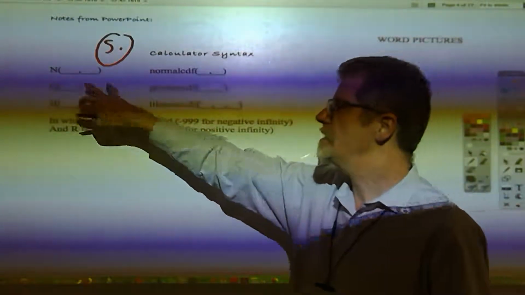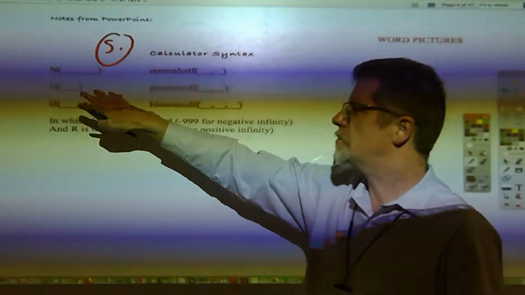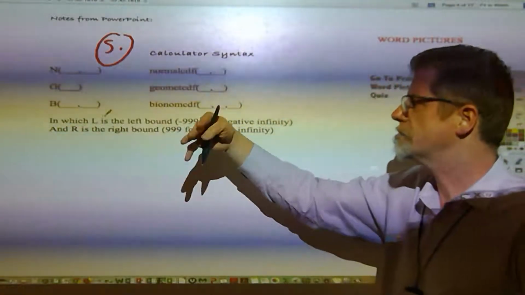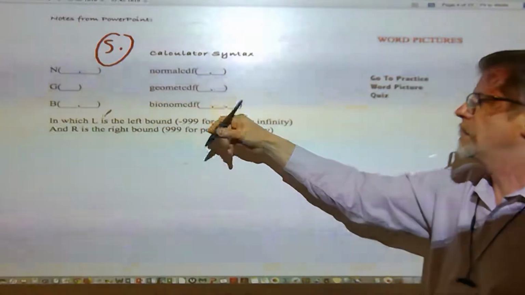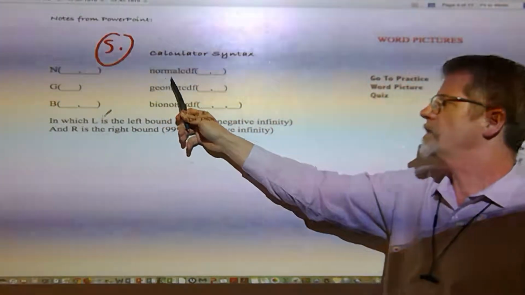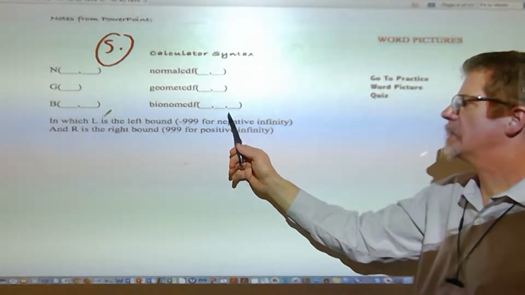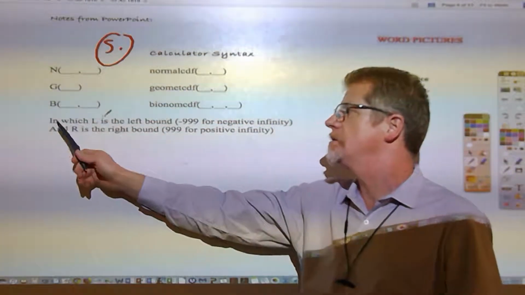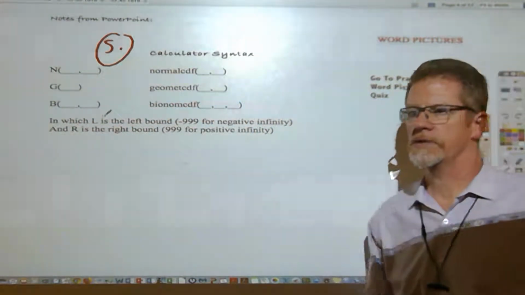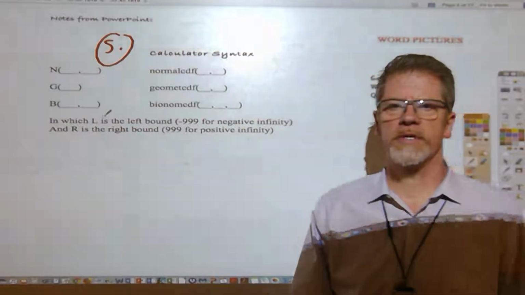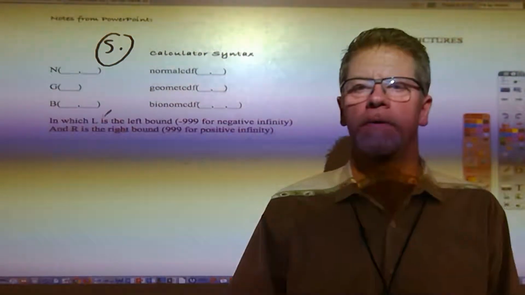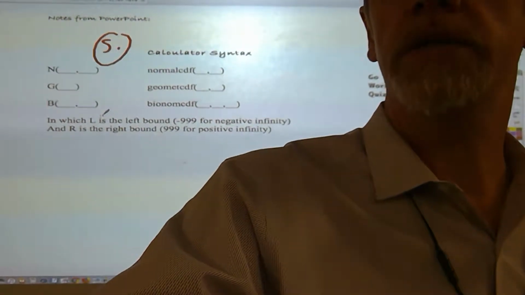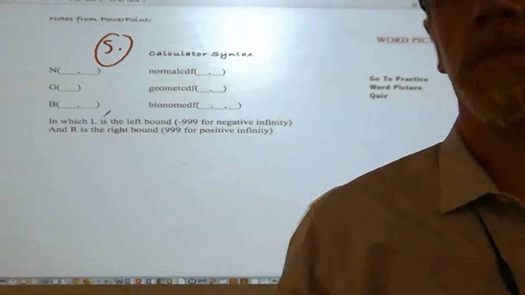See if you can fill in the parameters that are required for the NG and B rockets or models that we shoot off, and also what's required on the calculator. So how do you write them down, and then how do you type them into your calculator? Let's see where you're at in terms of remembering what the answers are to problem 5 on Friday's word picture quiz.